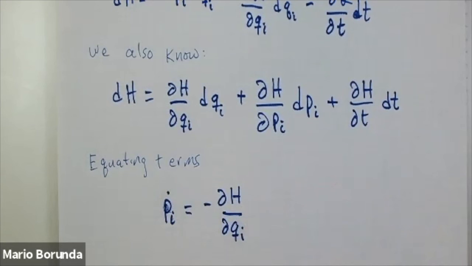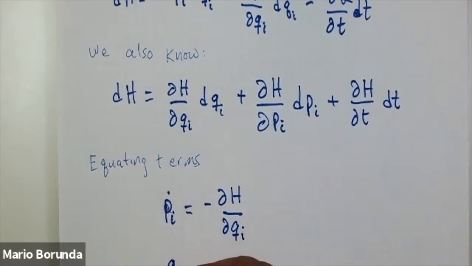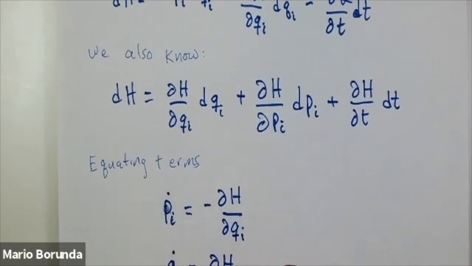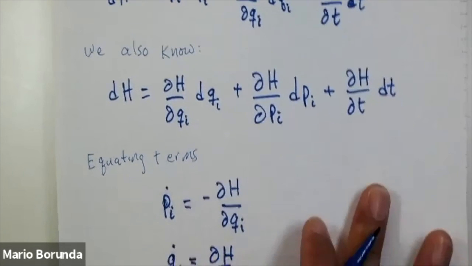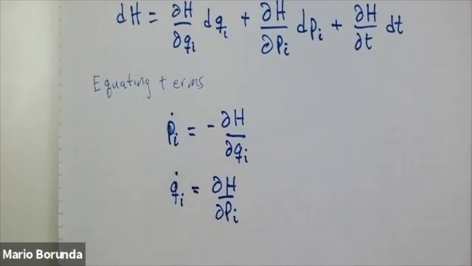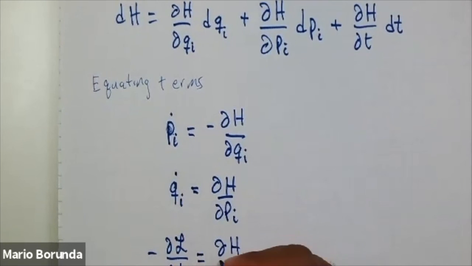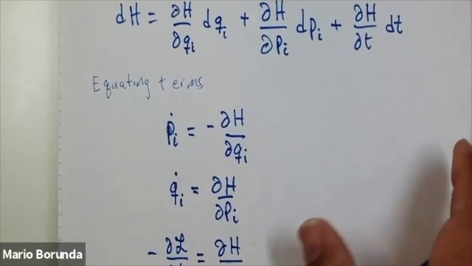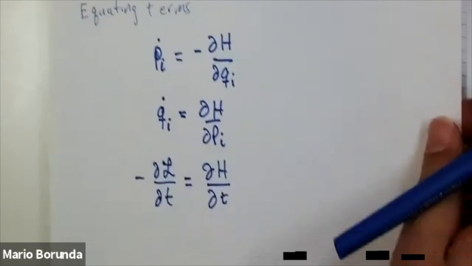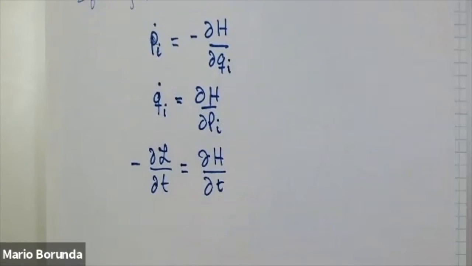I also have that qi dot is equal to dH/dpi, and negative partial of the Lagrangian with respect to time is equal to the partial of the Hamiltonian with respect to time.